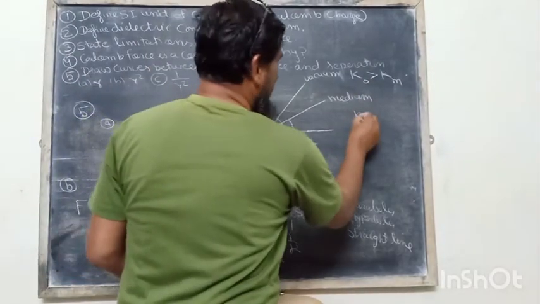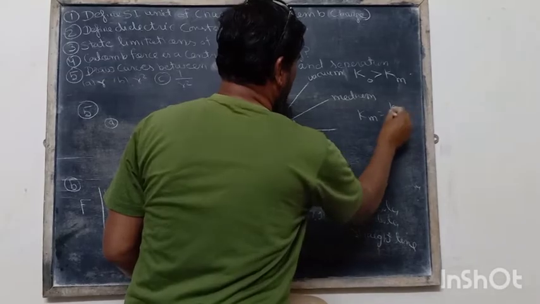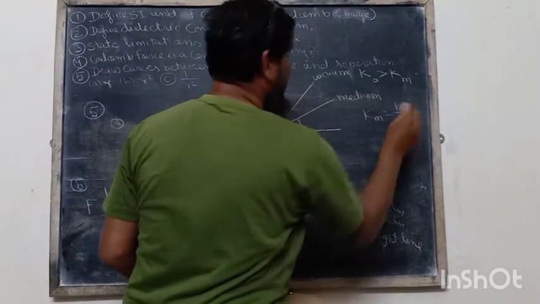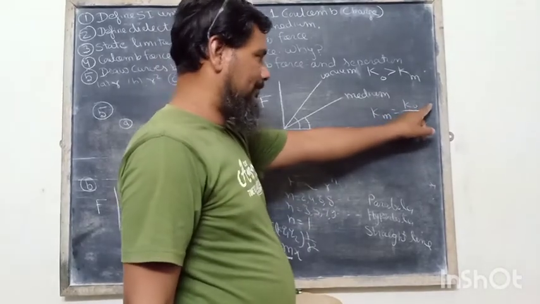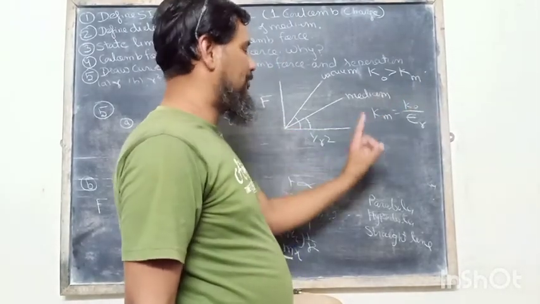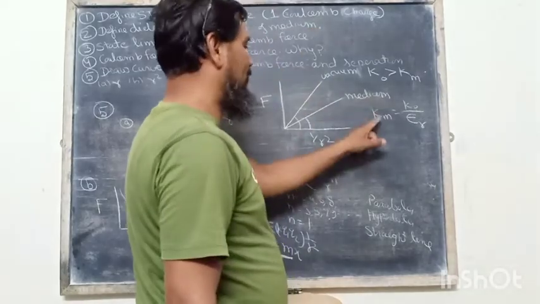Because K for medium is equal to K0 upon epsilon R, the relative permittivity, dividing K for vacuum by it, we can obtain the K for medium.